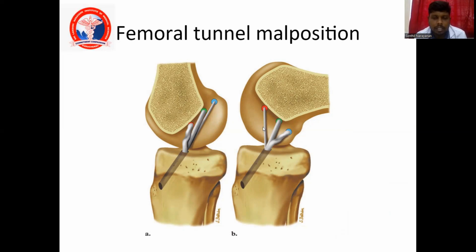When the graft is placed too posterior, it is tight in extension but slack in flexion. This is the normal placement of the graft. You can see there is no slack or tightness; it achieves the isometric line.